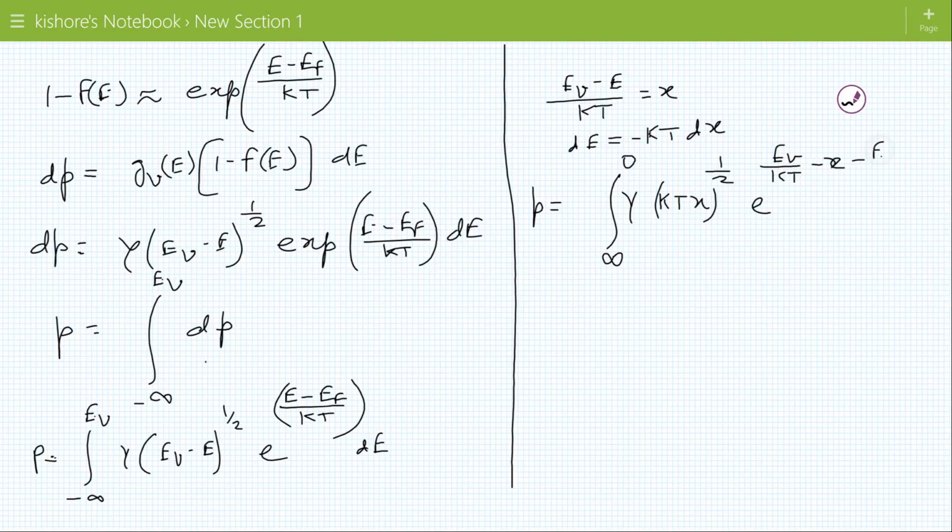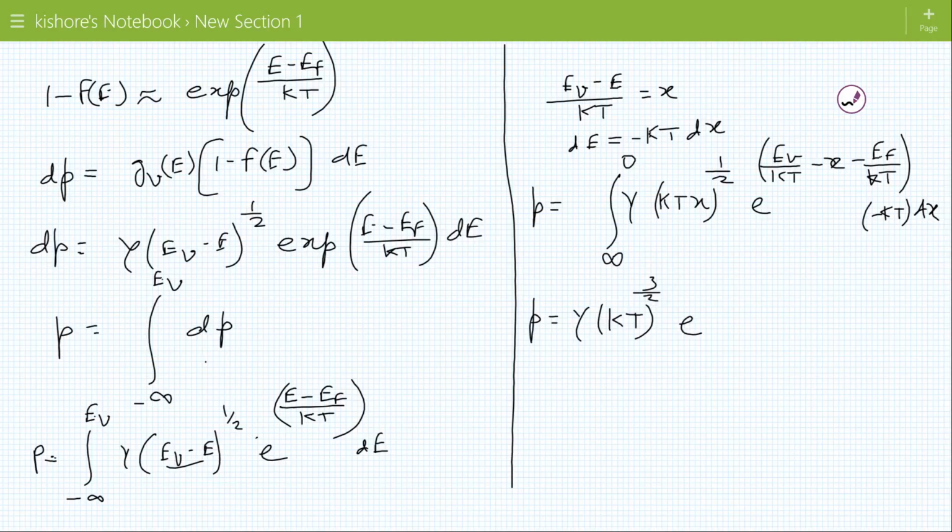Here we have EF by kT, and dE is replaced by minus kT dx. Because of this minus sign, we can interchange the limits. Here gamma is constant, so it will come out. Gamma is independent of x, so it will come outside the integration, and kT to the power 3 by 2.